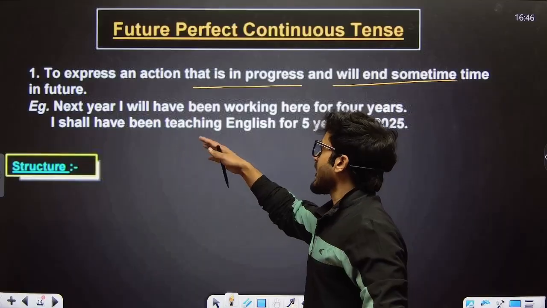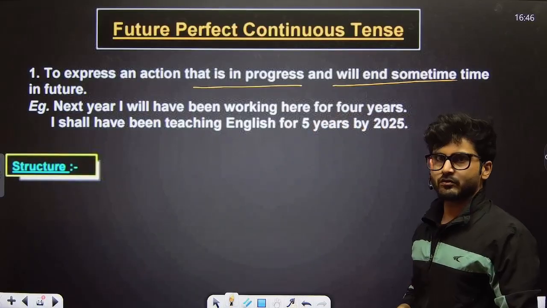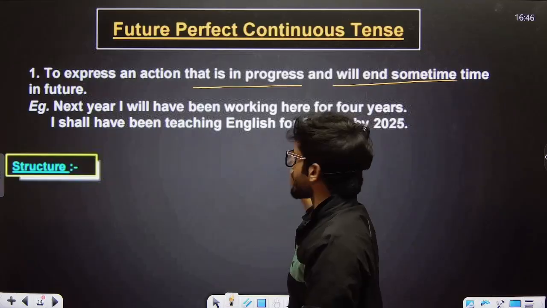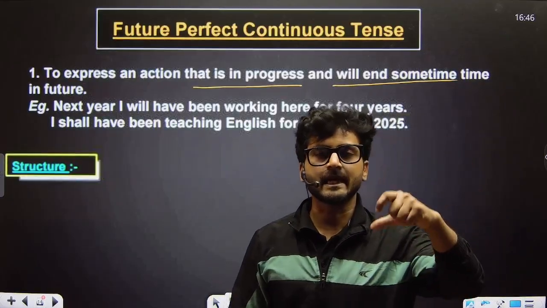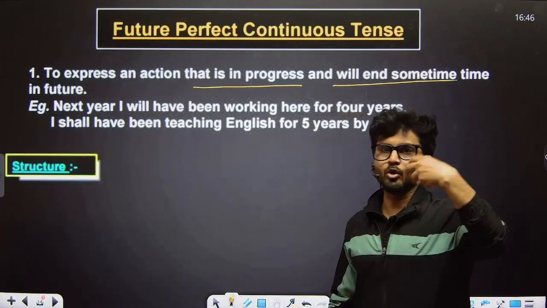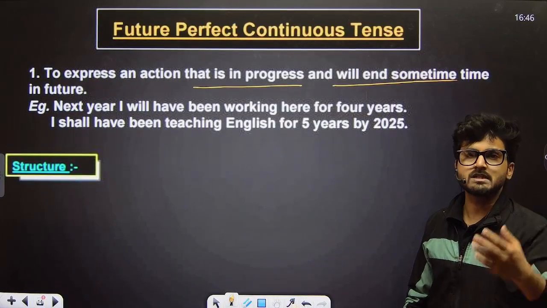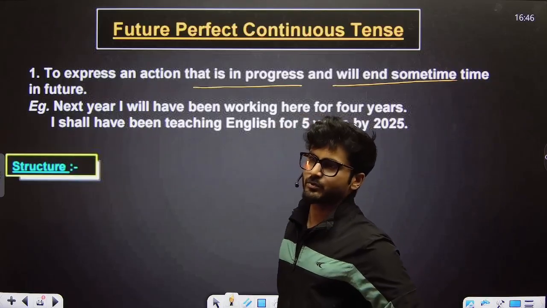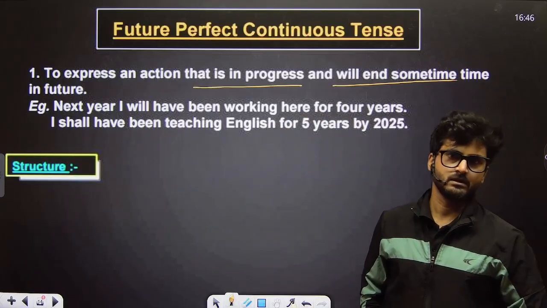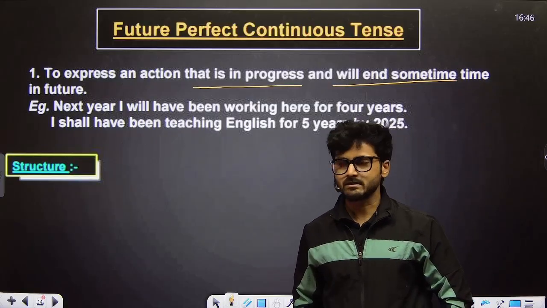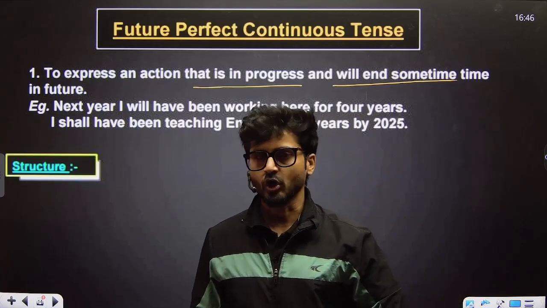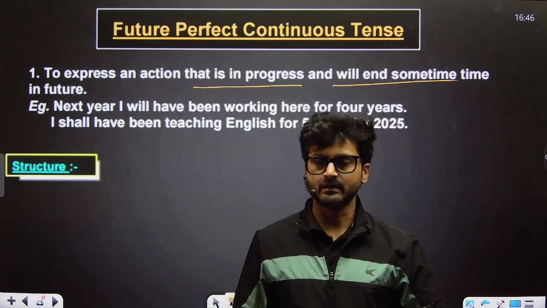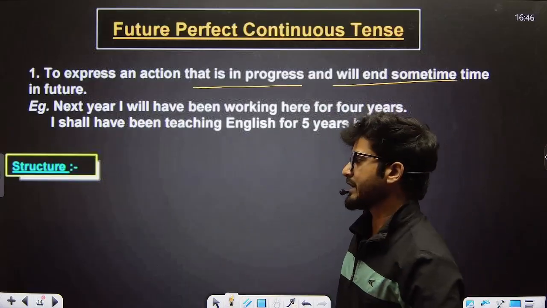I shall have been teaching English for 5 years by 2025. मैं 5 सालों तक इंग्लिश पढ़ाता हो चुका होऊंगा अगले 2025 तक. Generally we don't use these future perfect continuous tenses in spoken English, but that does not mean they do not exist. We need to know everything, since these types of sentences do come across. So we must know them.